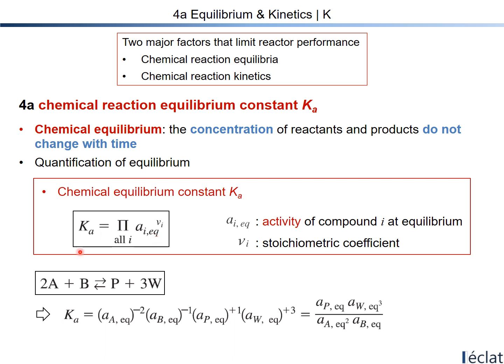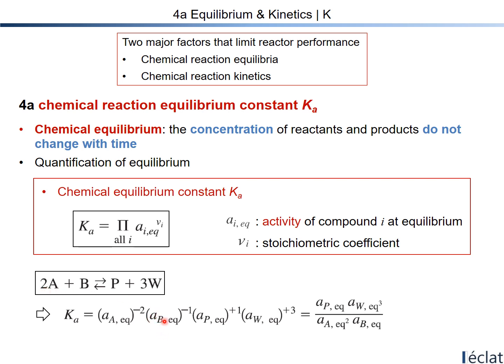Here is the example. 2A plus B is going to the product plus some waste. So the equilibrium constant of activity is the activity of A at equilibrium to the minus 2. This comes from the stoichiometric coefficient of the species A. And how about B?